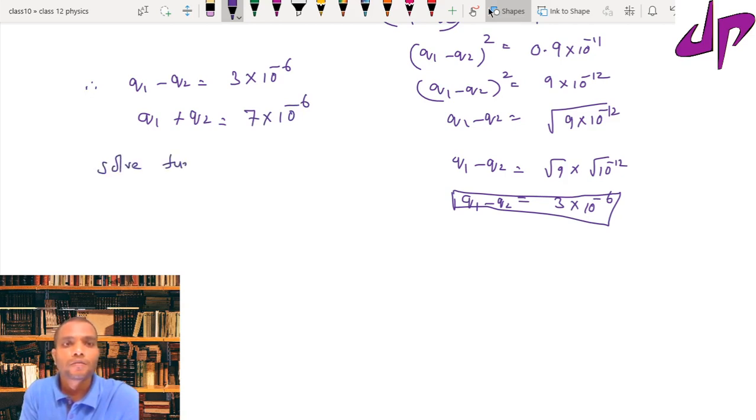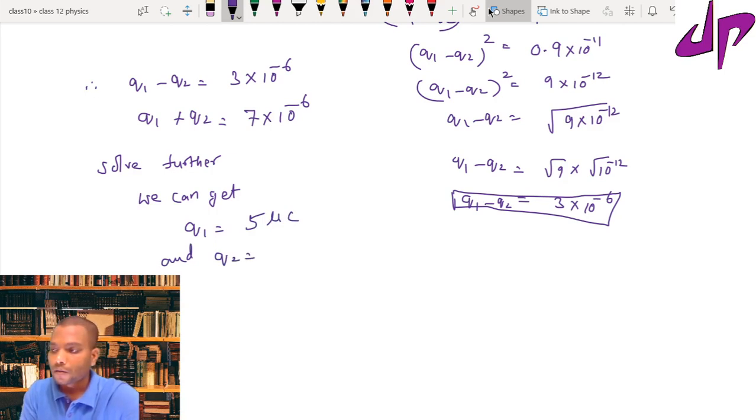Solve further, you can get the Q1 value as Q1 equal to 5 microcoulomb and Q2 equal to 2 microcoulomb.